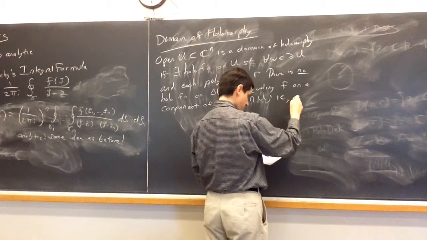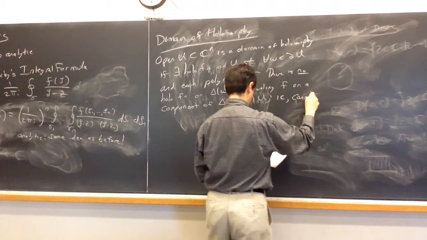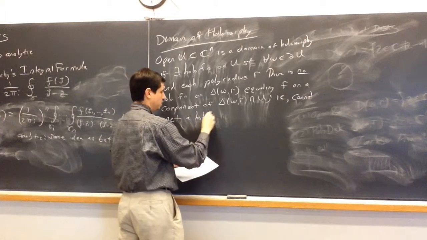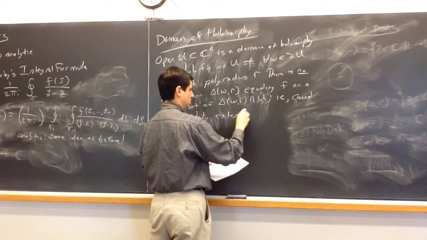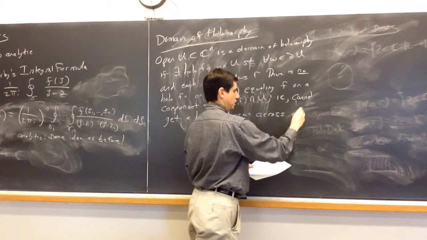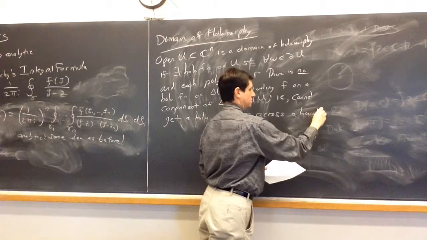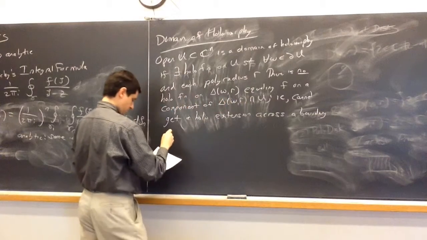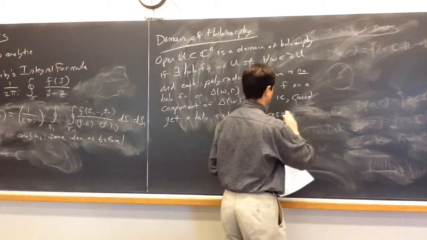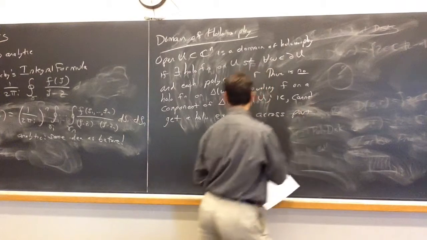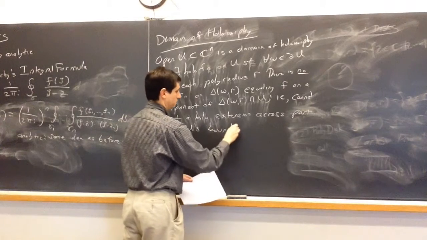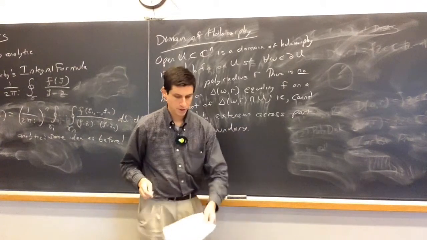In other words, we cannot get a holomorphic extension across a boundary point, or across part of U's boundary. Okay.